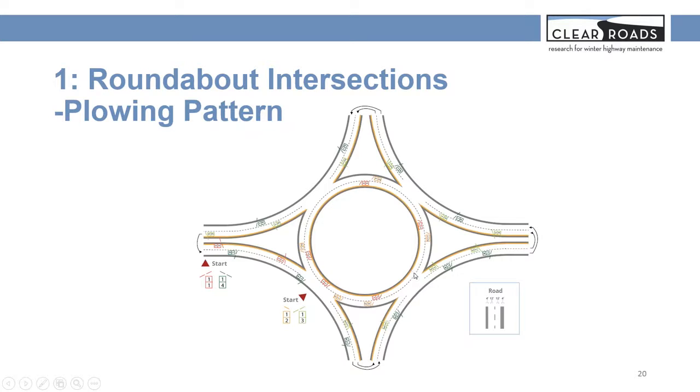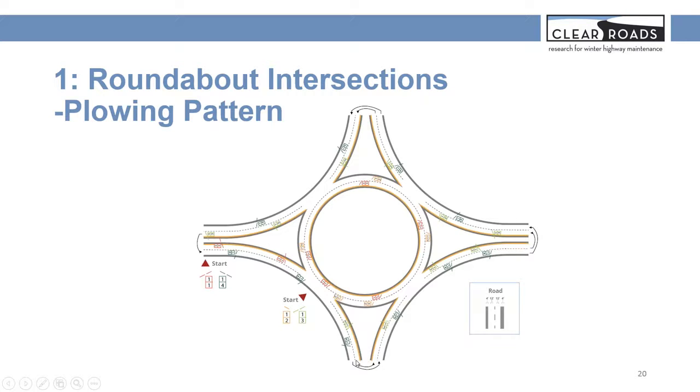When the truck approaches the intersection, it tucks in the wing plow and squares the front plow, and when it passes the intersection, it extends the wing plow again and pushes snow to the left, clearing the inside lane, and continues to clear all 4 legs.